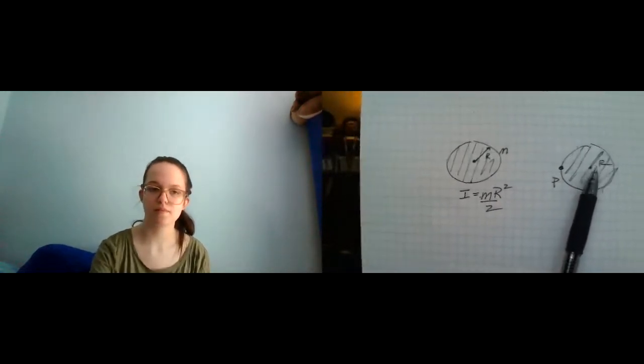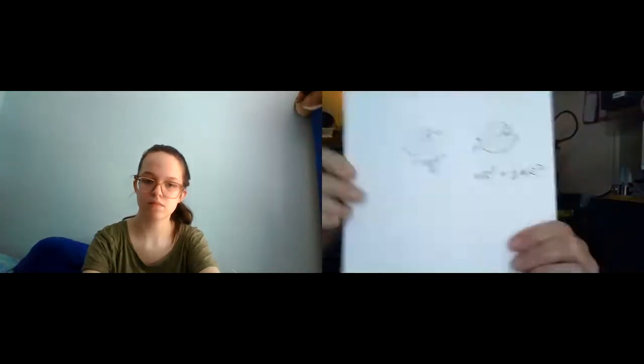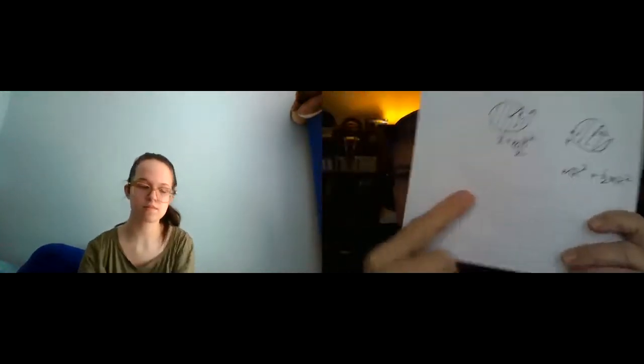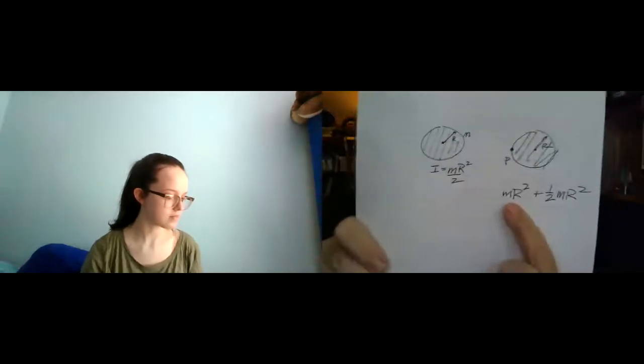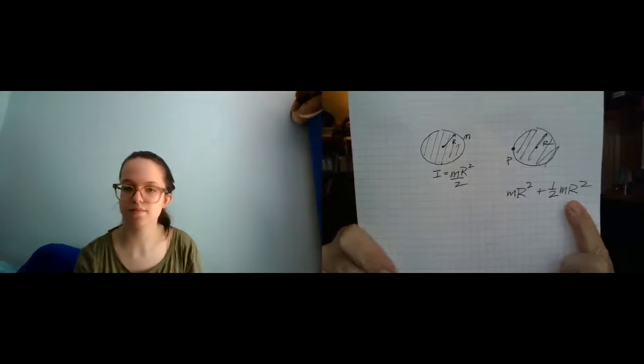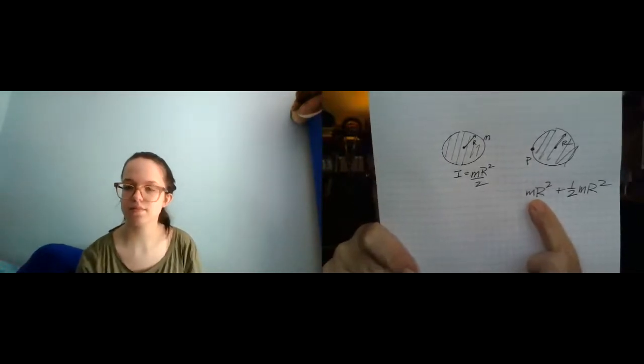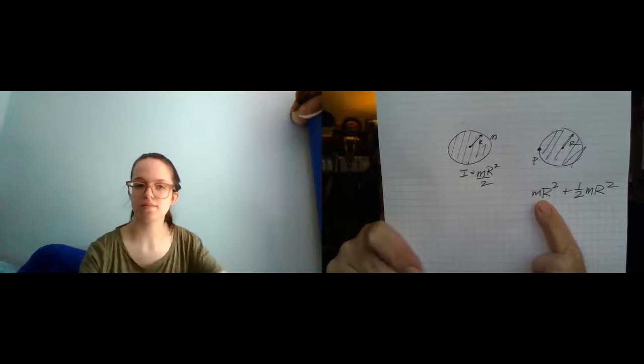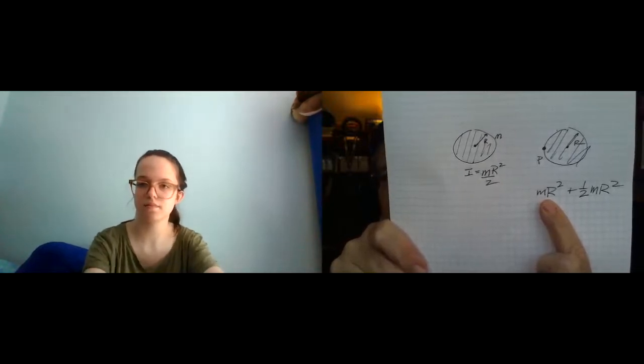So I'm going to have mr squared plus 1/2 mr squared. This one here is because the disc is rotating, and this one here is because the mass of the disc is rotating a distance r from P.